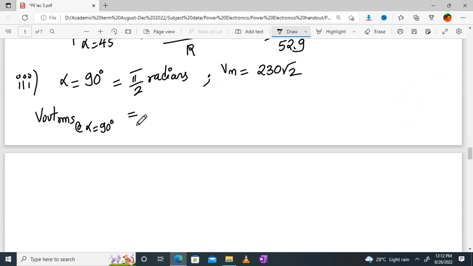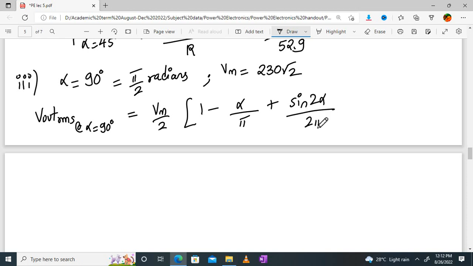That will be Vm by 2 into 1 minus alpha by pi plus sine 2 alpha upon 2 pi, the whole raised to half.